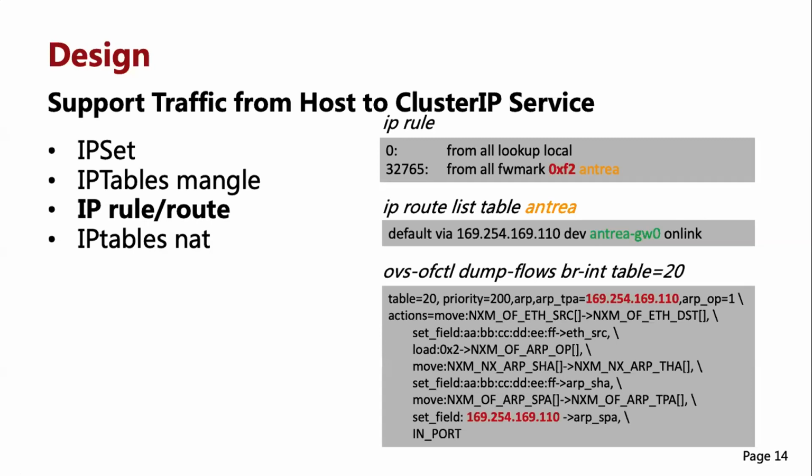I'll first repeat your question. I think you want to ask what happens if we don't stop kube-proxy. It doesn't matter, because we use the insert action before the kube-proxy iptables items, and it won't be hit in the kube-proxy iptables items.